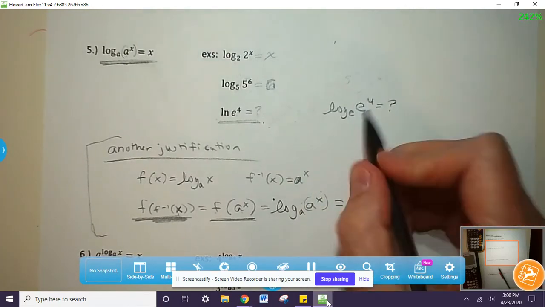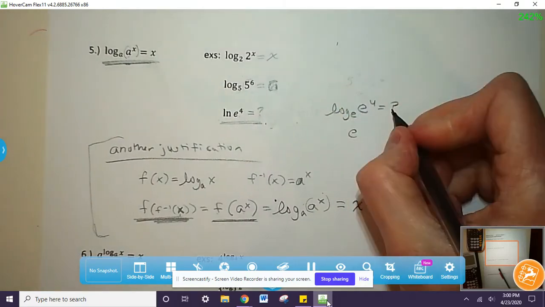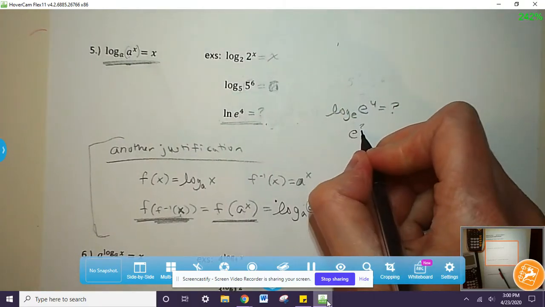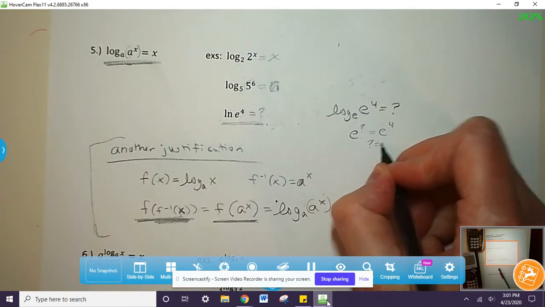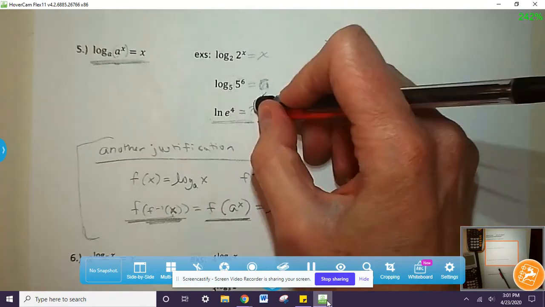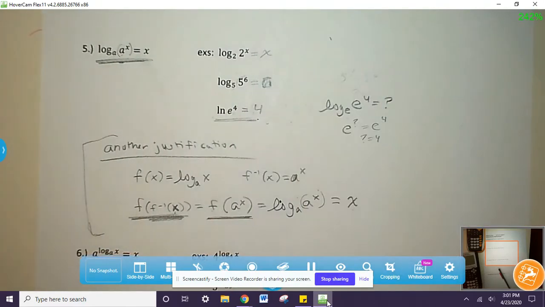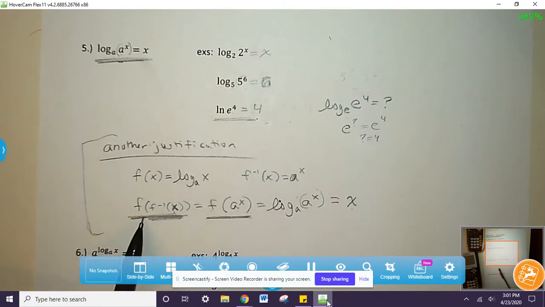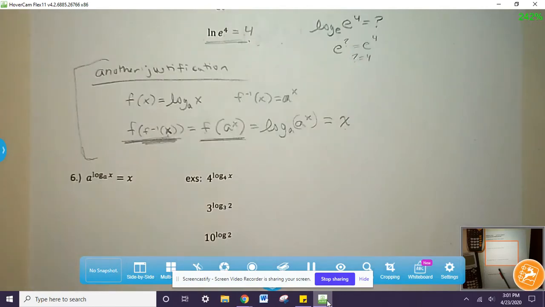If you identify your base, e, the exponent over here, and set it equal to the other guy, you can conclude that the missing exponent equals 4, and you're all set. Okay? So hopefully if you were a little nervous about mastering the entire explanation here, you don't need to be. You can still solve this without being fully aware of those properties.